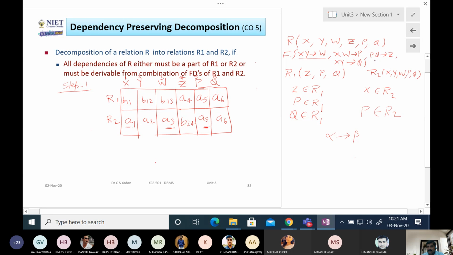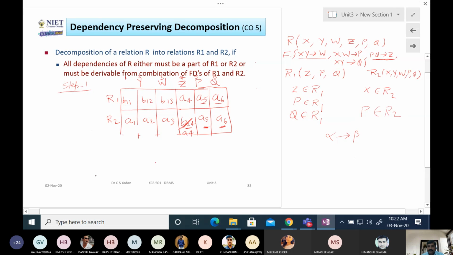Then we will check this FD: PQ determines Z. Now see, here the left-hand side PQ is equal in these two rows, so we will replace the beta value with A4.